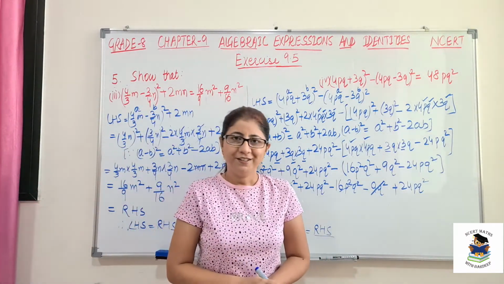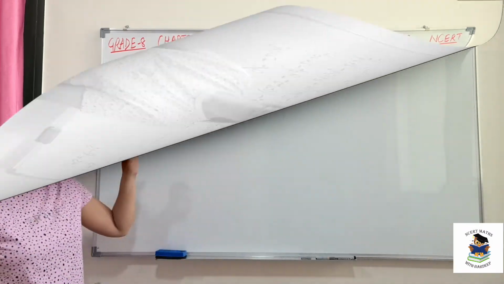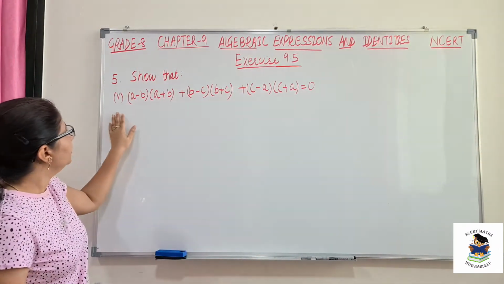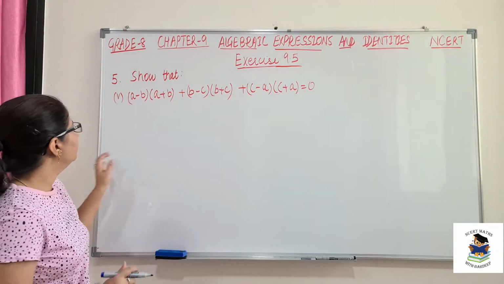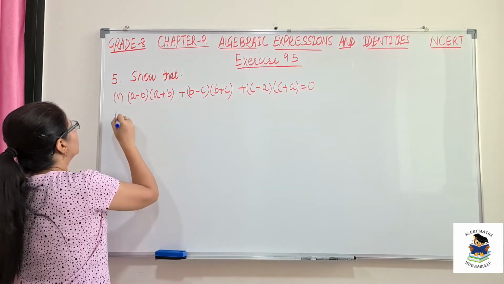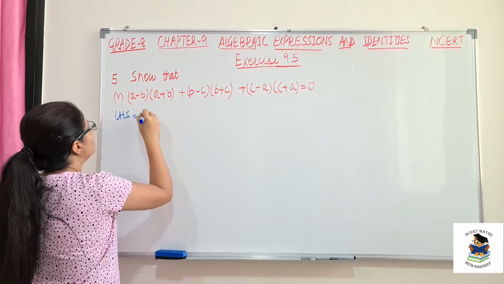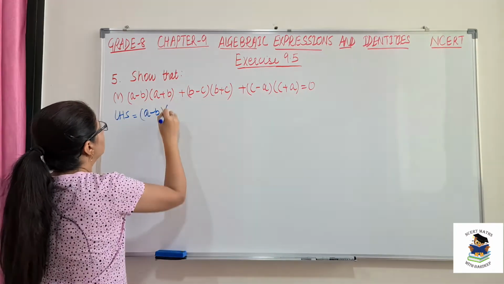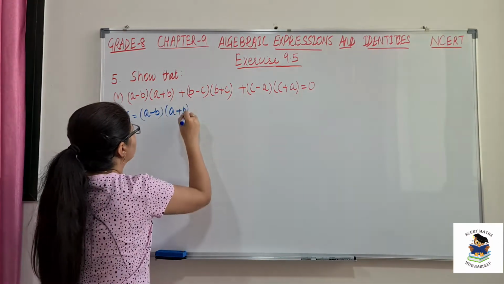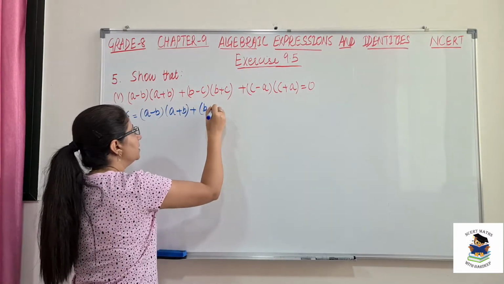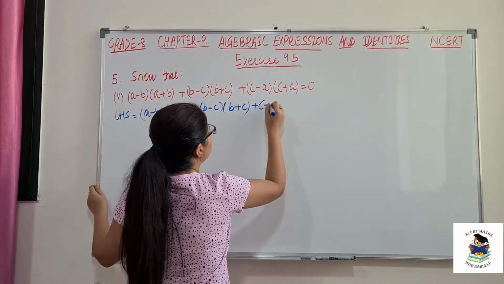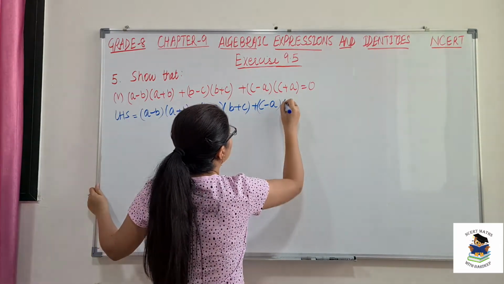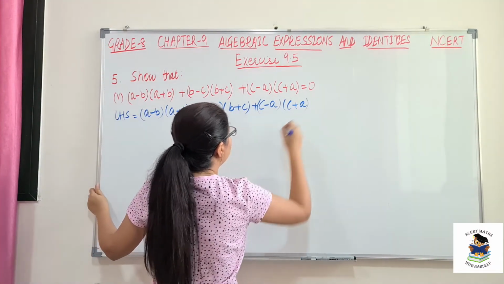Now let's see the last part of the question. So the fifth part is this, the full expression should be equal to 0. So let's see first the left hand side. This is (a minus b) into (a plus b) plus (b minus c) into (b plus c) minus (a) into (c plus a).